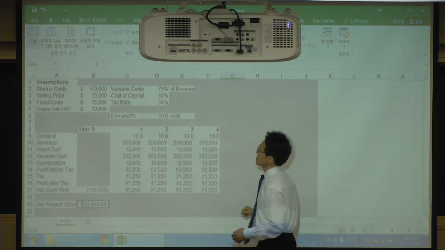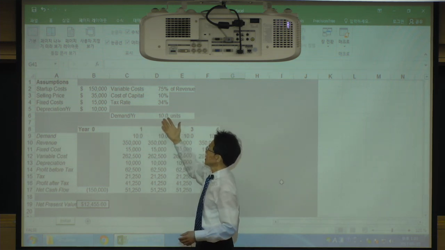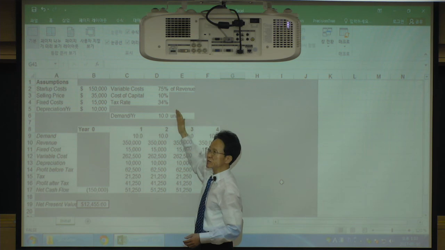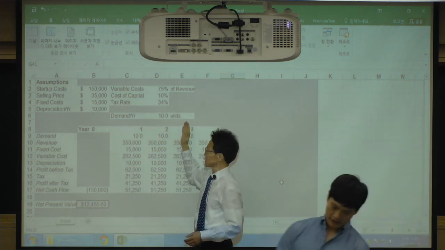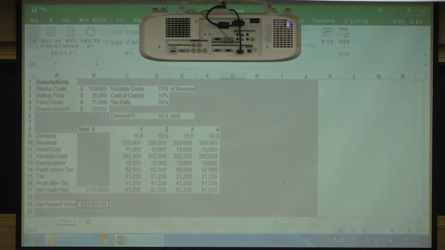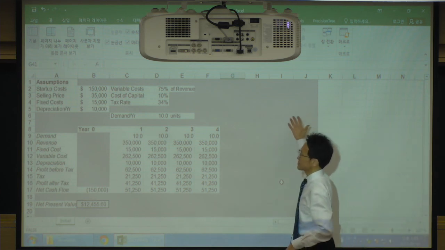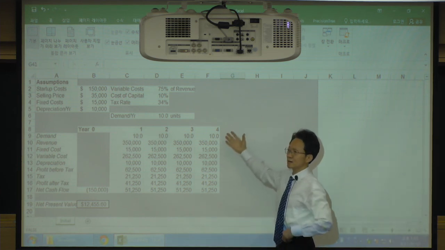In addition, the company has some assumption about the demand, and it believes that it will be able to sell 10 units, 10 aircraft, each year for the next 4 years. That's the assumption. Then usually, if you want to determine whether you're going to do some project or not, you set up this kind of pro forma statement.